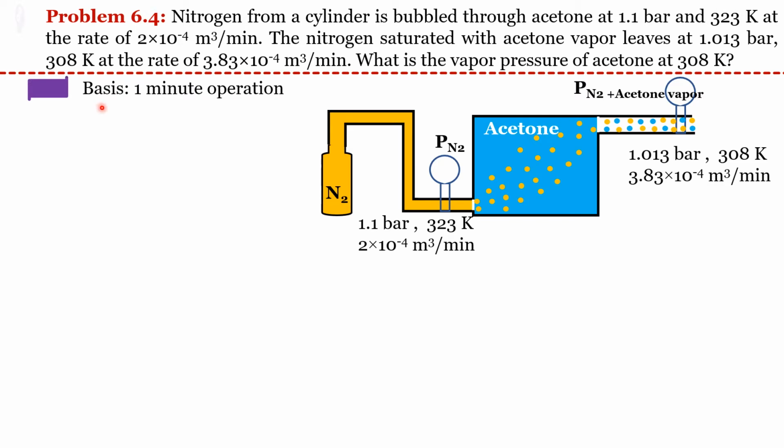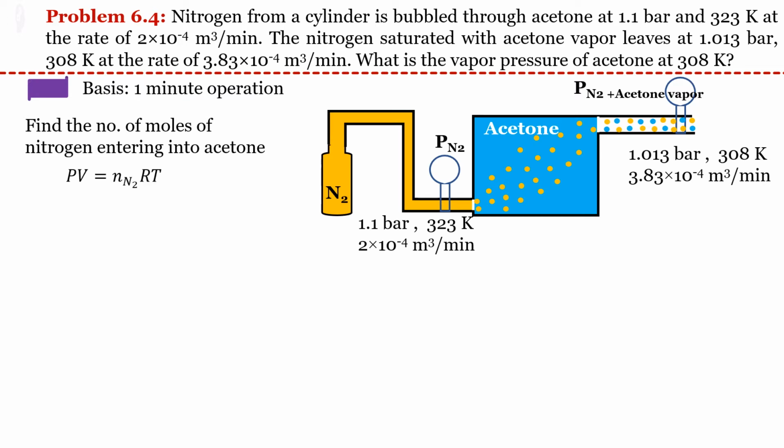So we are assuming a basis equal to 1 minute of operation. First we will find out the number of moles of nitrogen entering into acetone. For that we can simply use the ideal gas equation. So we will write PV equal to nRT.